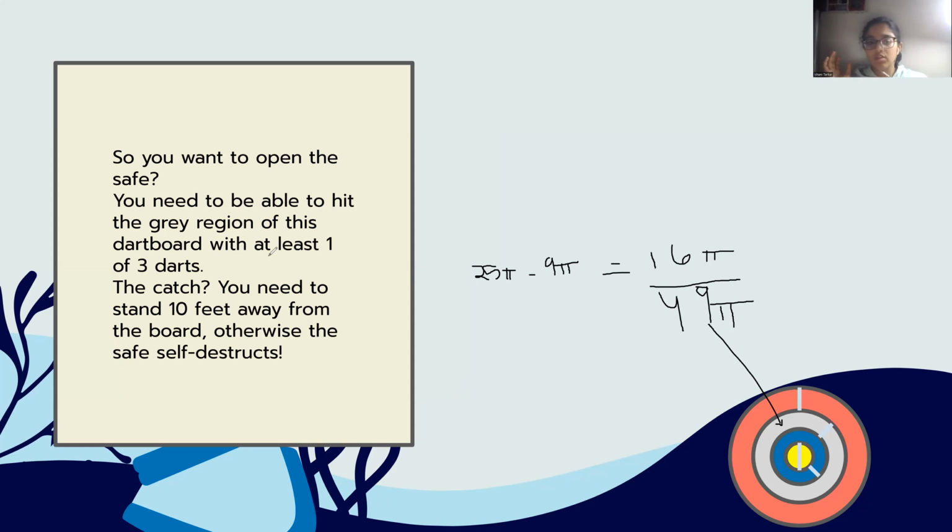We will use complementary probability in this scenario. So we want to find the probability you hit it with 0 of those darts. So you do 33/49 to the power of 3, because remember 1 minus 16/49 is 33/49.